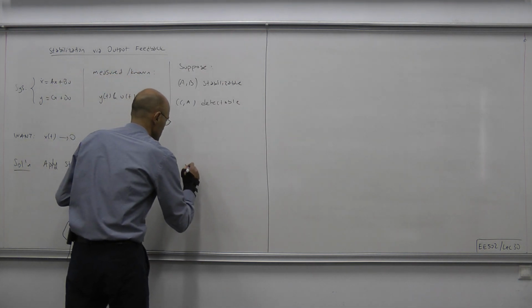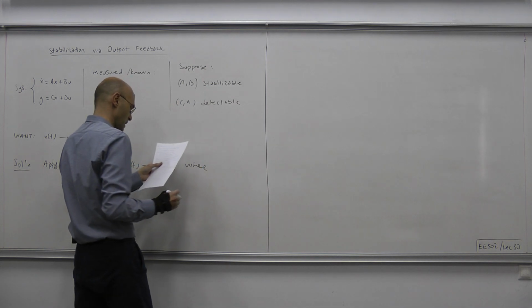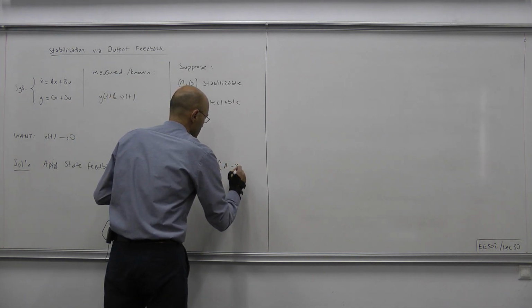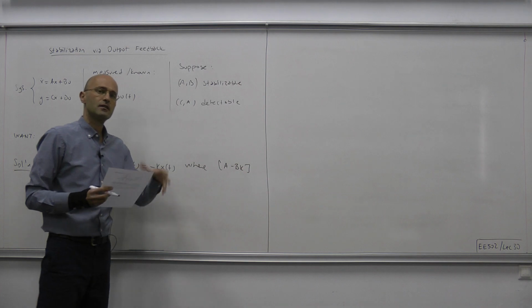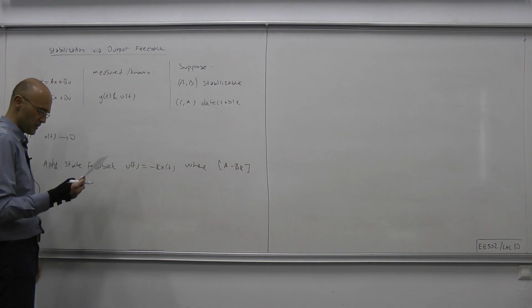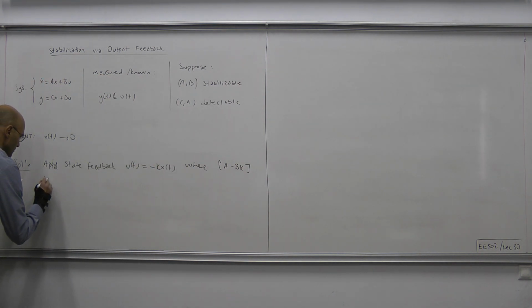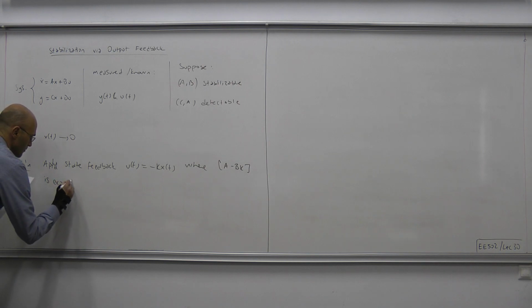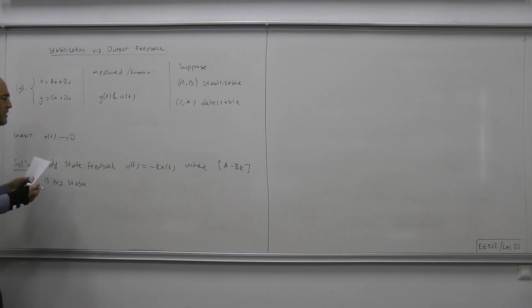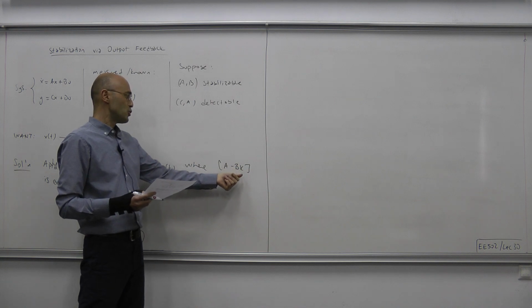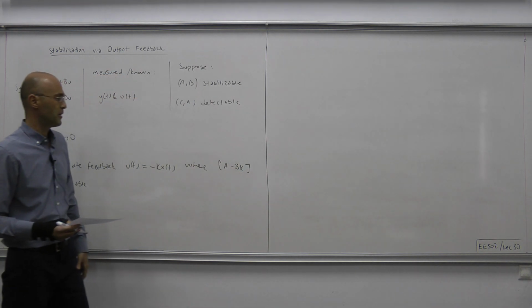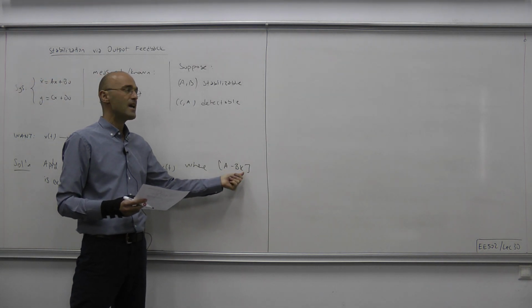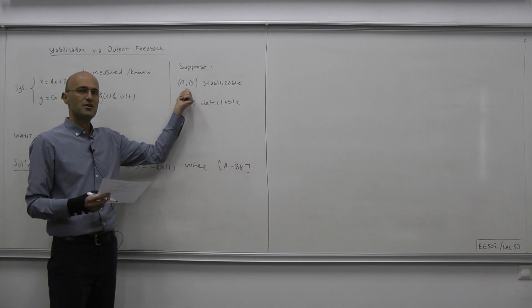By properly chosen I mean the matrix A minus BK, which we can call the closed loop system matrix, is exponentially stable. In fact we did that in our previous lectures, and we can choose such a K because the pair is stabilizable.